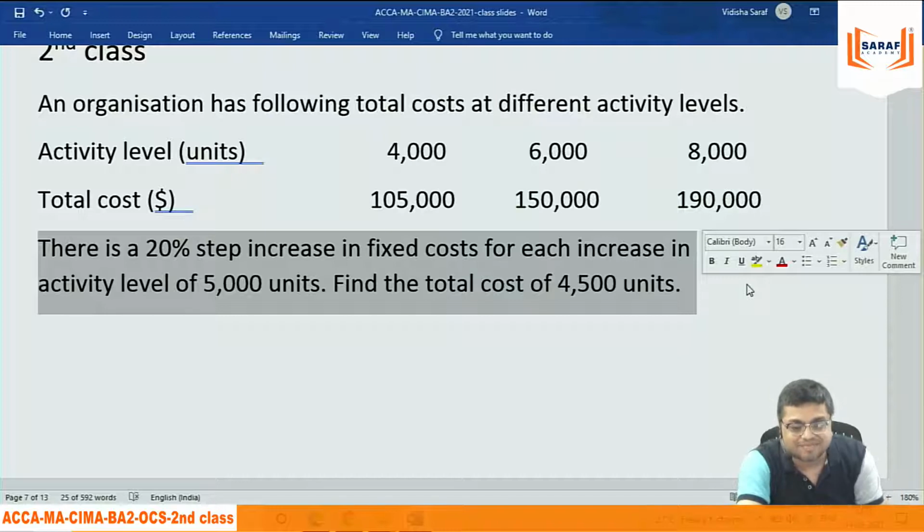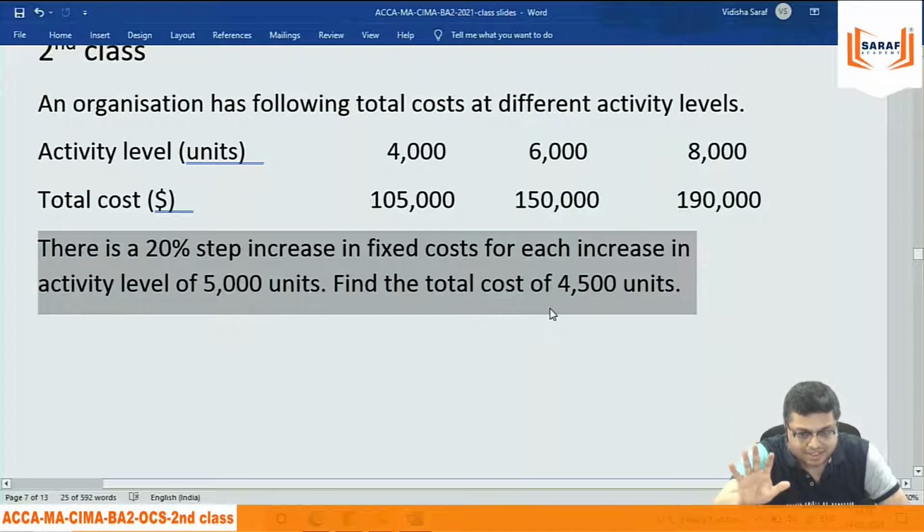Why? You are reading these last two lines. Don't read them. Without seeing the last two lines, what is the logic that it is semi-variable?